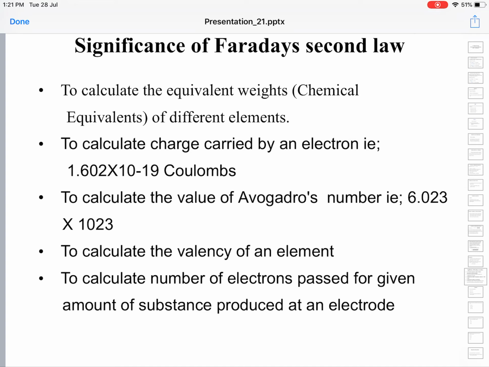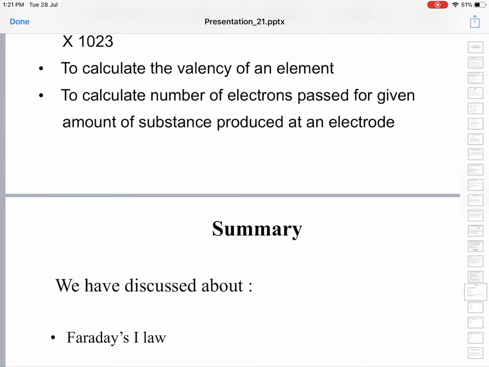We can also calculate the charge carried by an electron, the value of Avogadro's number, and the valency of an element. We can also calculate the number of electrons passed for the given quantity of substance deposited. All these things can be found out by following Faraday's laws of electrolysis.